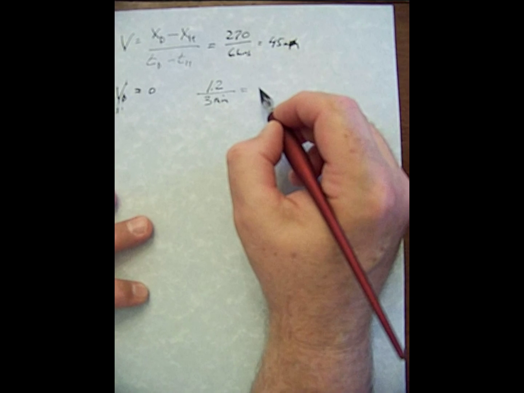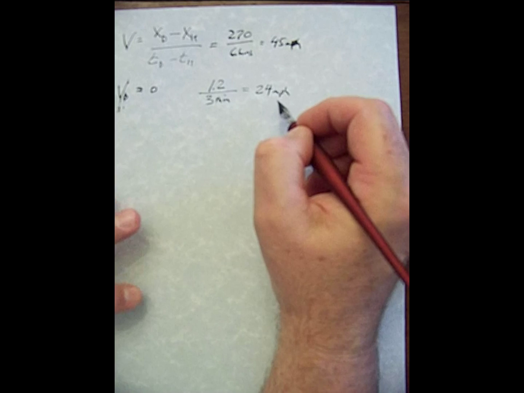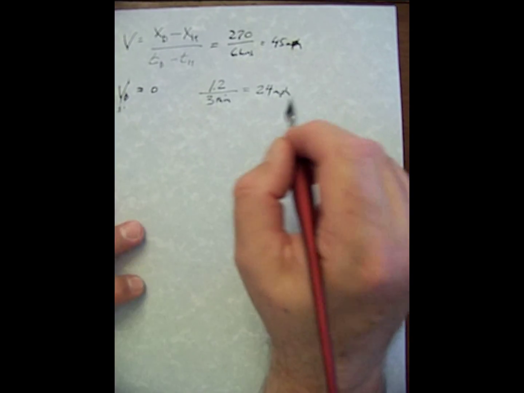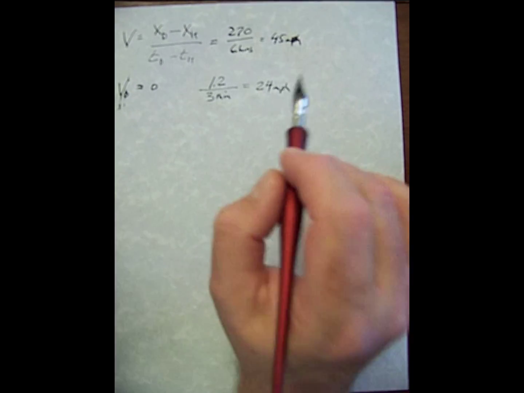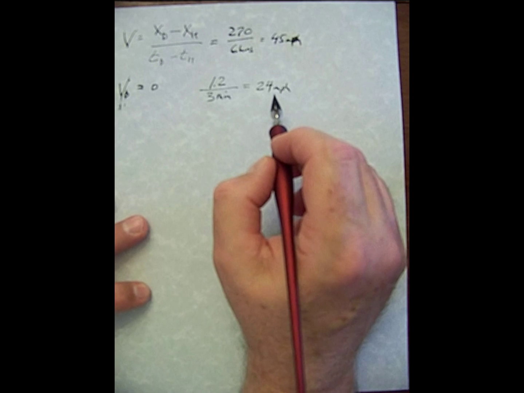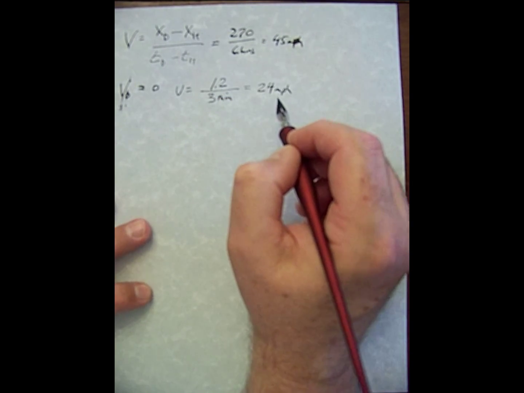I do this calculation, I find out that this equals 24 miles per hour. A little bit slow. Sometimes there's a squirrel on the street and you have to slow down. But in my local neighborhood, my velocity is 24 miles an hour.